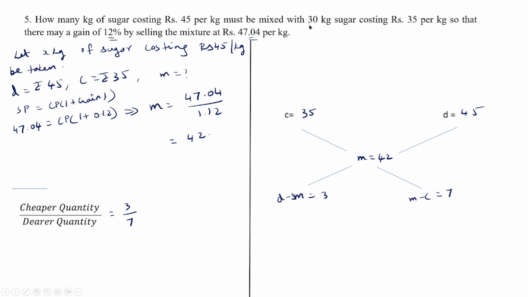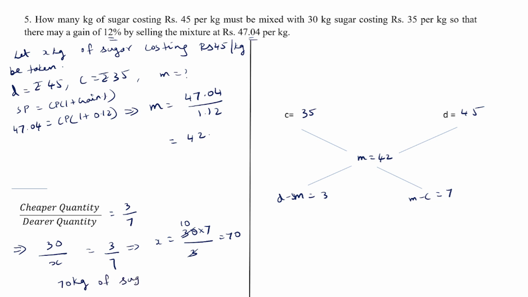We already have this 30 kg of sugar. So this implies 30 by x equals 3 by 7, or x equals 30 into 7 divided by 3, so it is 70. Therefore the answer is 70 kg of sugar should be mixed.